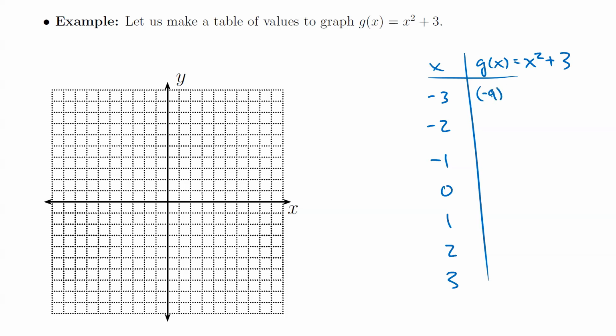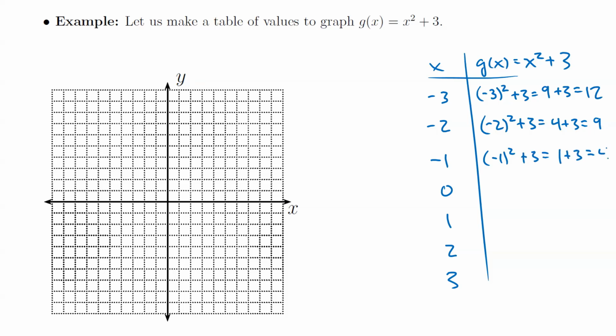If I plug in -3 and square it, but then I add 3, we know from the order of operations, we're going to square the -3 first and then add 3. So I end up with 12. -2 squared plus 3 would be 4 plus 3, which would give me 9. -1 squared plus 3 gives me 4.